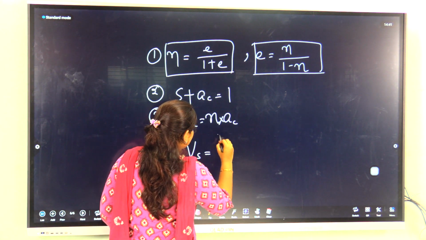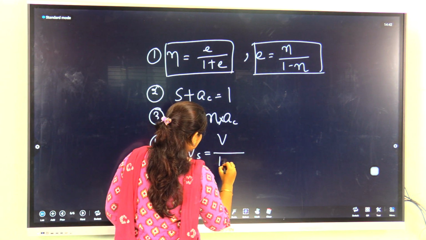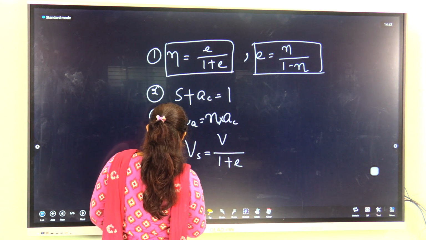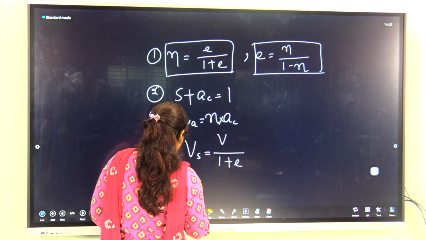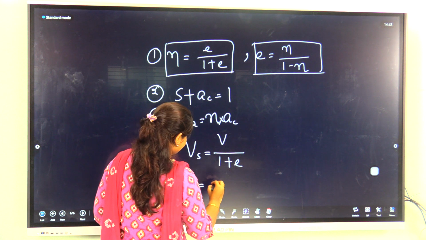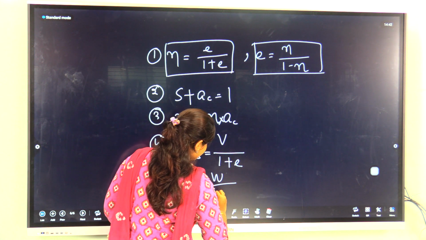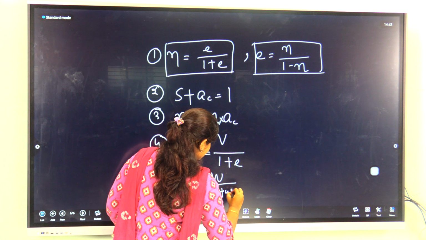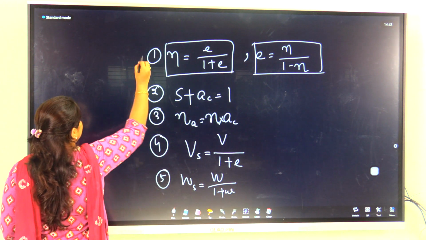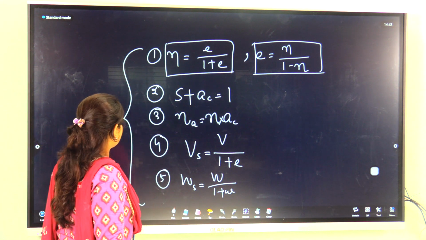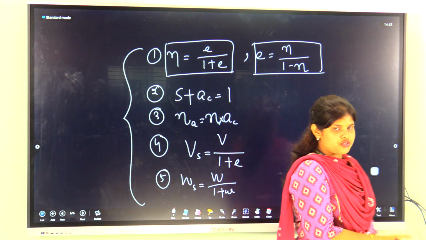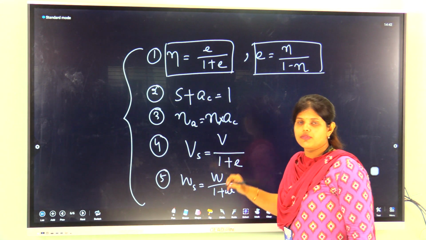Vs is your V by 1 plus E and Ws equals total weight upon 1 plus moisture content. Okay. Here, in 5 relationships we got 5 formulas.